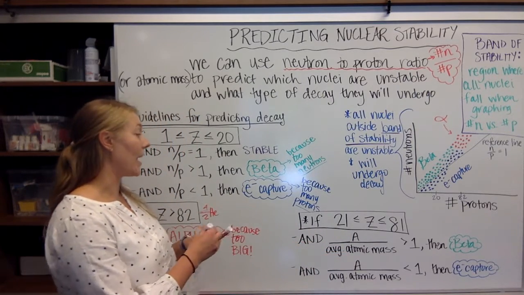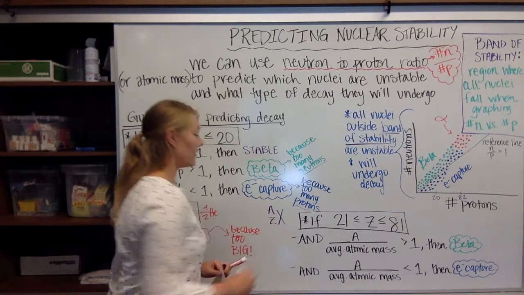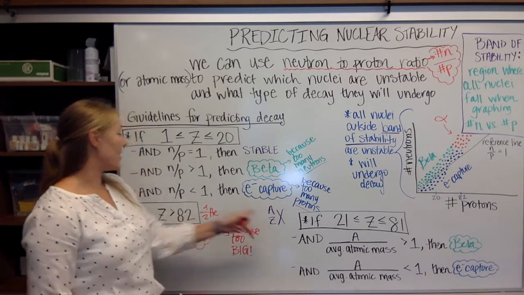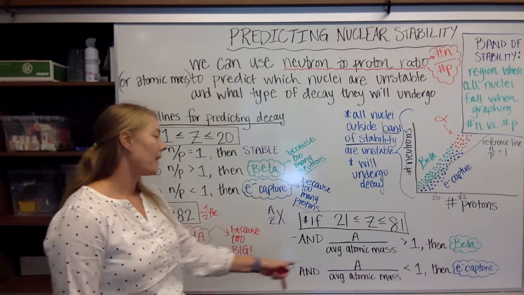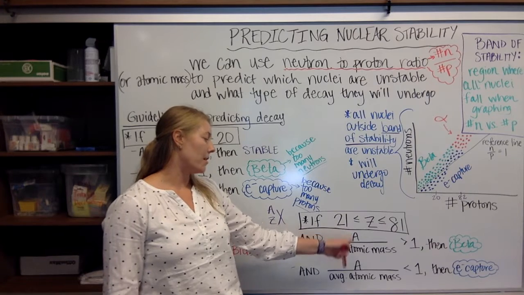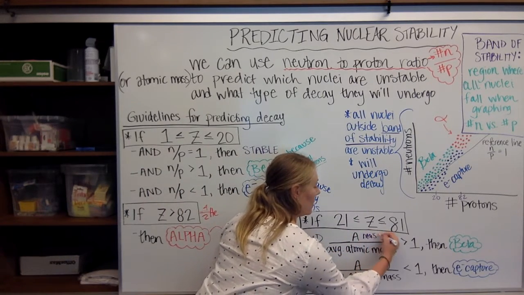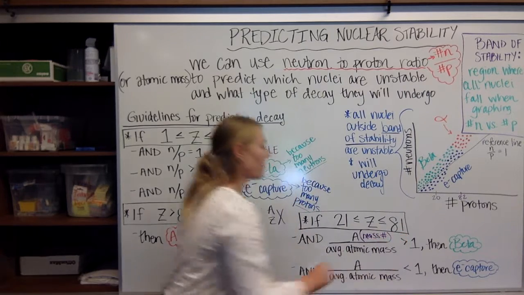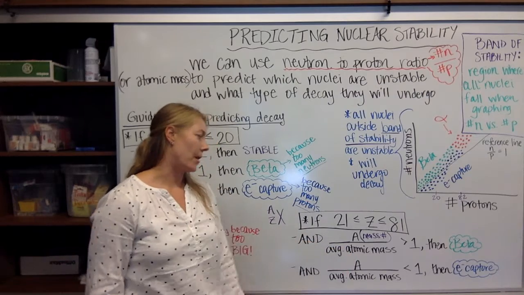The reason I put A there is, remember our nuclear notation, A over Z X, where Z is the proton number, A is the mass number. So you're going to calculate mass number over average atomic mass. It might help for you to write in mass number right here. So remember A, or mass number, divided by the average atomic mass.